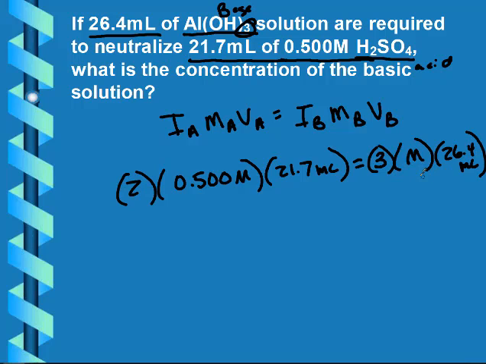So now I just do algebra to solve for my molarity of my base. So 2 times 0.5 times 21.7 gives me 21.7. And then 3 times 26.4 gives me 79.2 molarity. So then I divide.